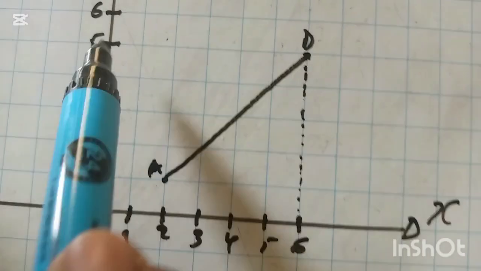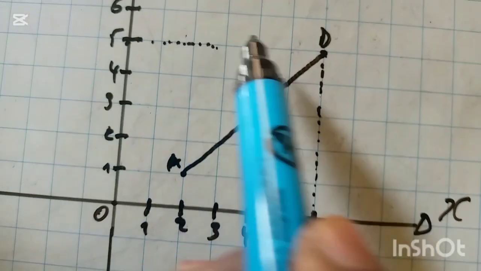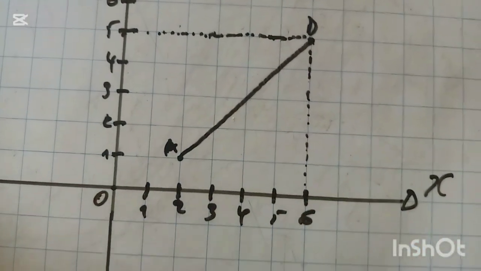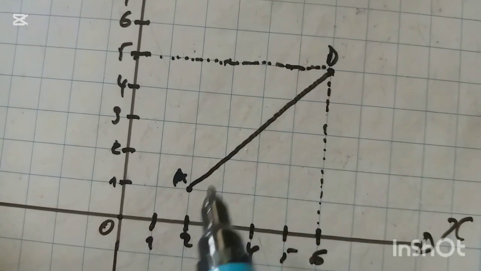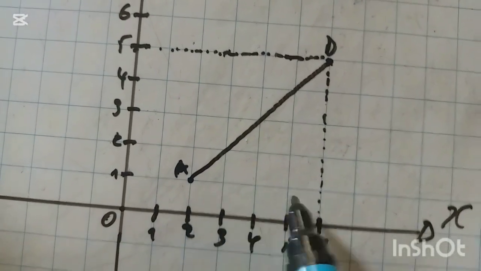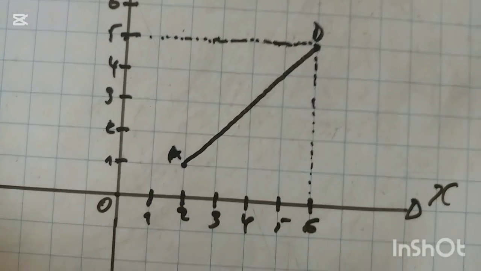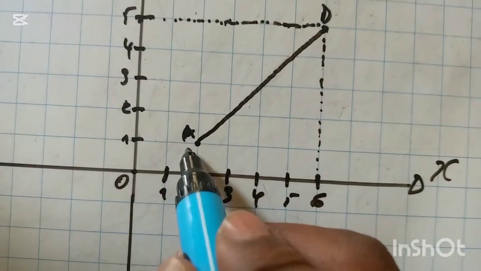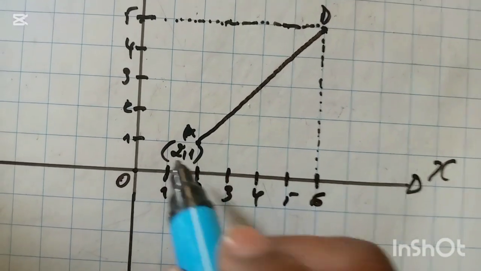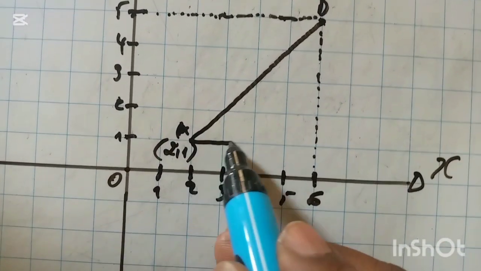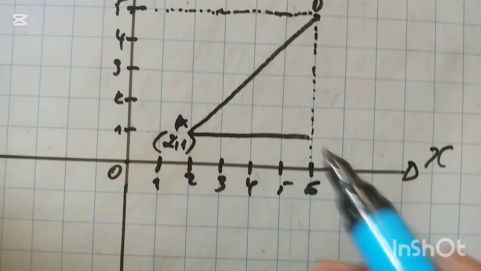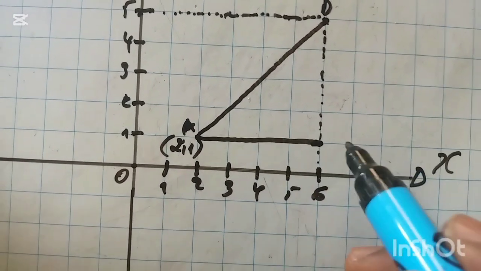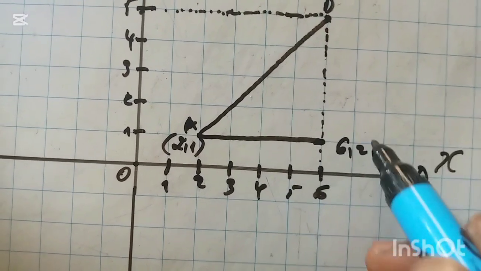We can consider the x-axis as we did. When you consider them, this is 2 and 1. By coming here, you see, this point here is like 6 and 2.